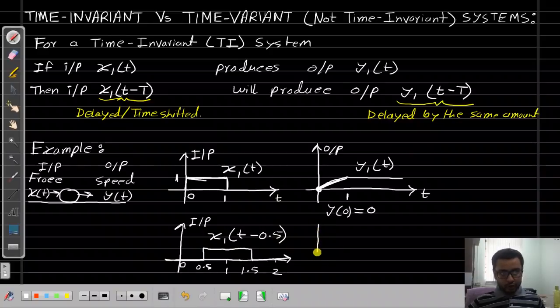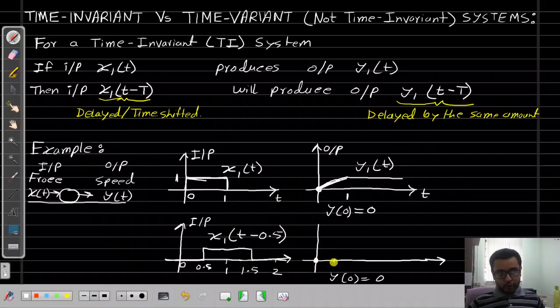Now how will the output be? Again assume the initial speed to be 0. So y(0) is 0 again, and so the speed is 0.